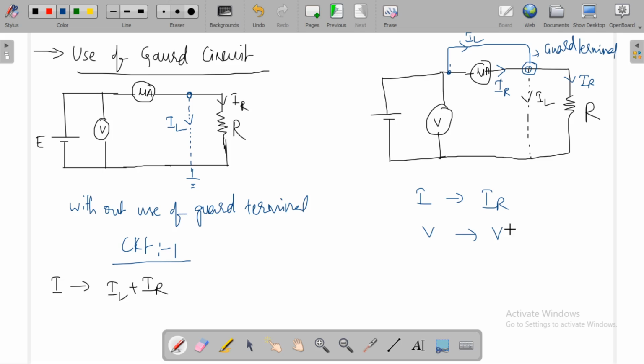The voltmeter measures V, then R will be V by IR. This is nothing but the guard wire.